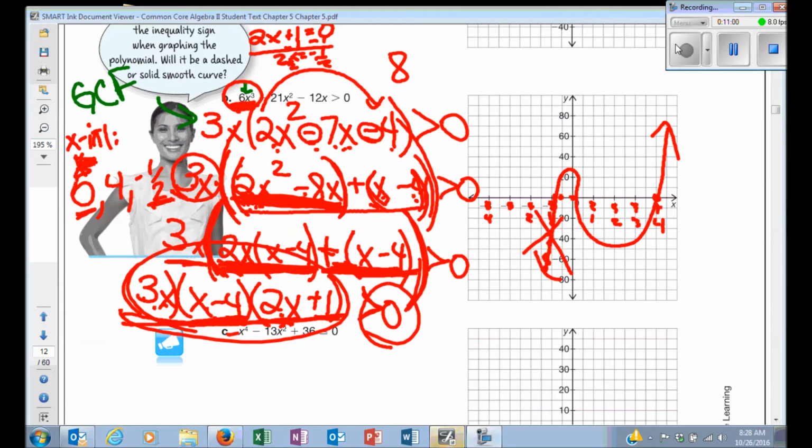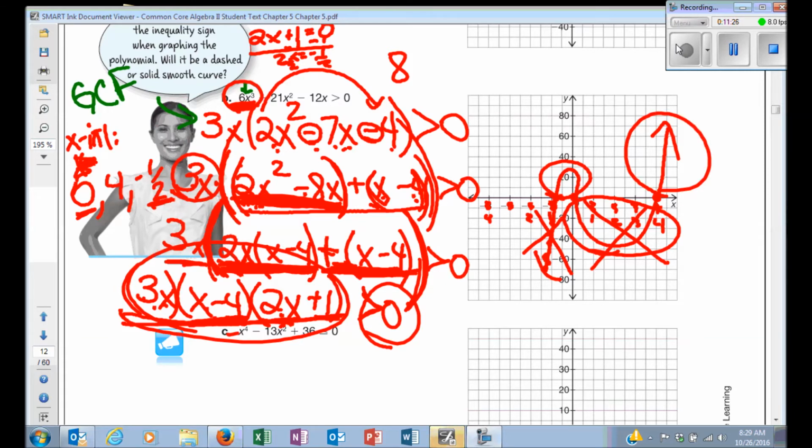Does that make sense? Is this section right here a good section? Why? Because when I put those x's in, what does my y value pop out? A positive, which is greater than 0. Is this section a good section? No, because my y values are negative. Is this section a good section?